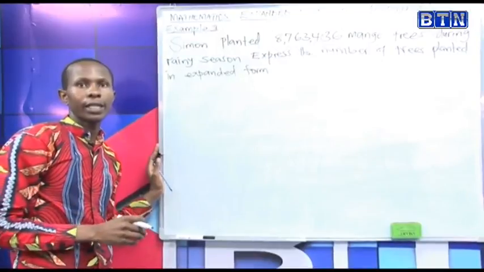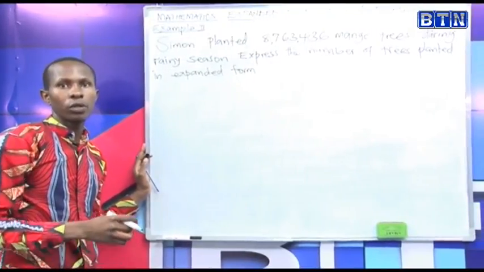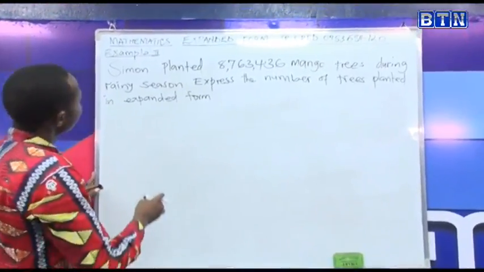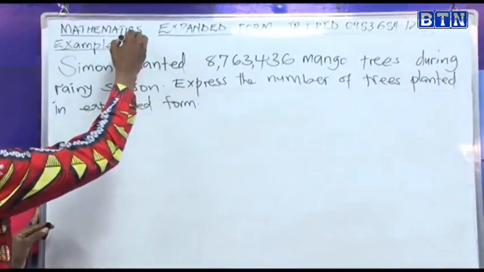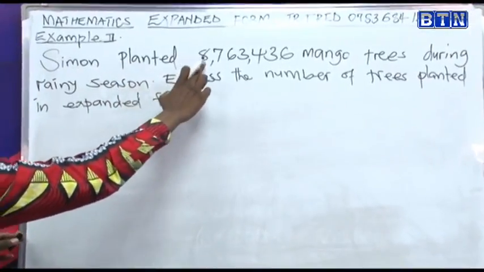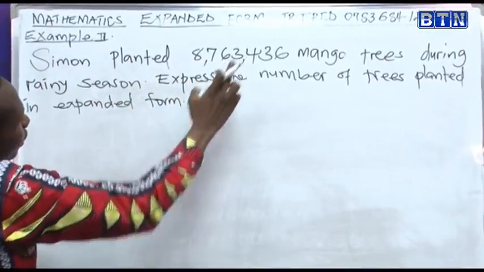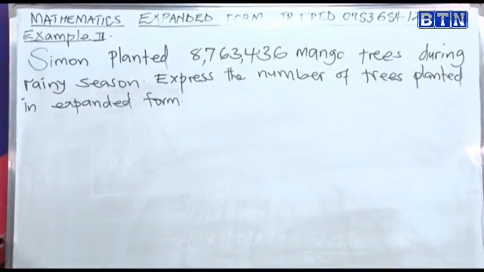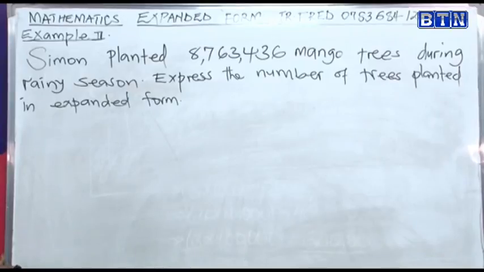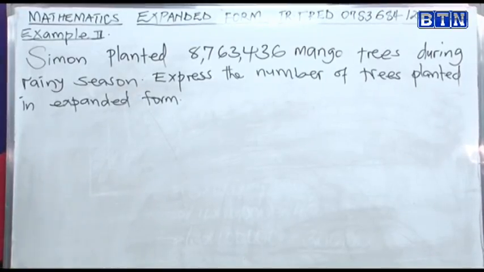So I want us to look at the second example. When you look at the second example, we have the question here. It says, Simon planted 8,763,406 mango trees during rainy season. Express the number of trees planted in expanded form.